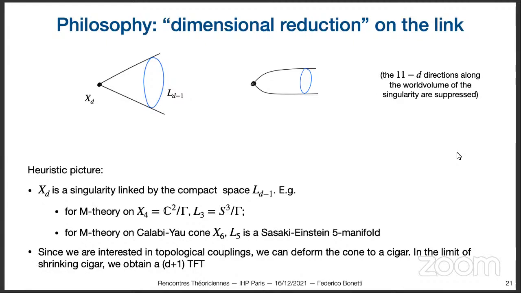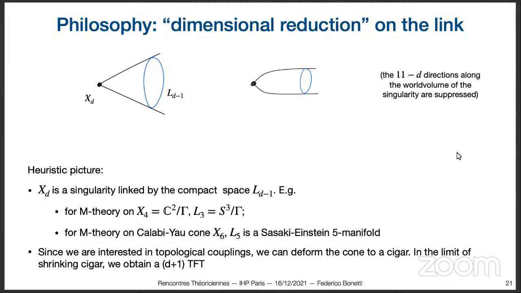And here the idea is that since we are dealing with topological quantities, at least heuristically, what we can imagine is to trade the cone, which is the actual geometry, for this cigar-like structure. The intuition being that this is a smooth deformation and topological quantities shouldn't depend on it.